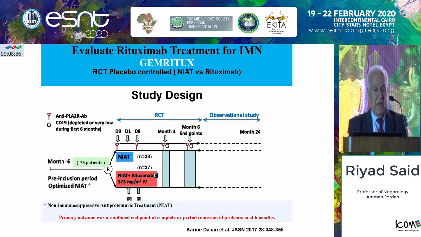The GEMRITUX study here is a randomized, controlled study where they have 75 patients after being included with the maximum non-immunosuppressive antiproteinuric treatment: ACE inhibitors, ARBs, statin, body weight, stopping cigarette smoking, all that. And then they are randomized into two groups. One group continues this non-immunosuppressive therapy, 38 patients, and the other group added rituximab, 2 dosages, 375 milligram basically.